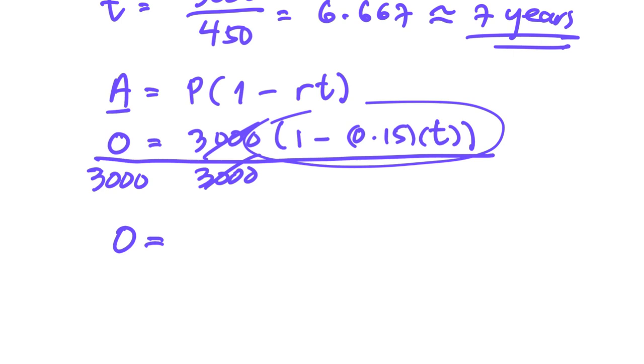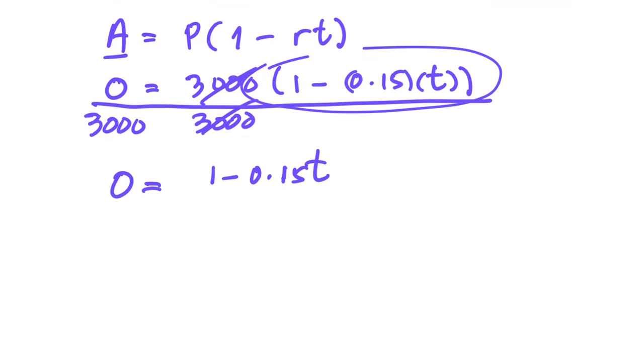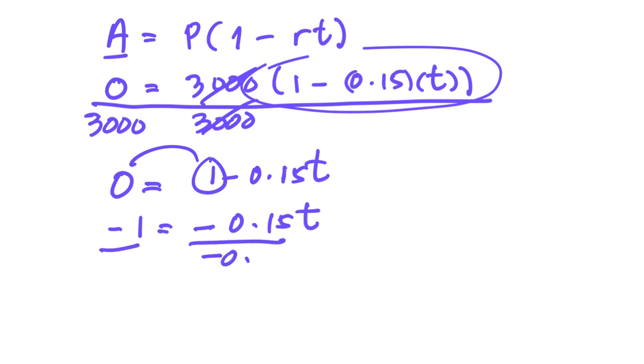Here you're going to have 1 minus 0.15 multiplied by t. So we're going to put this on the other side, which gives negative 1 is equal to negative 0.15t. Then we divide both sides by negative 0.15 to isolate t.